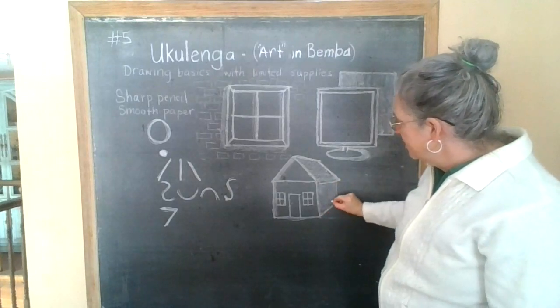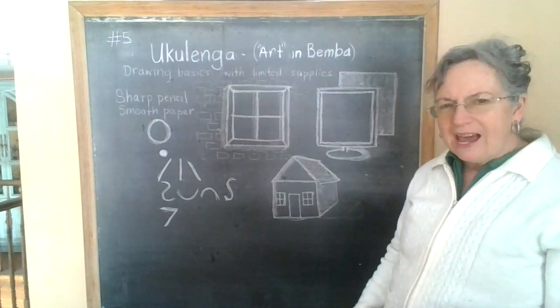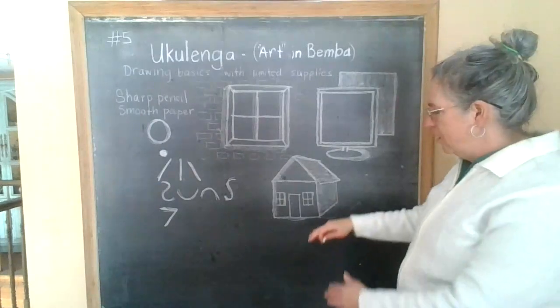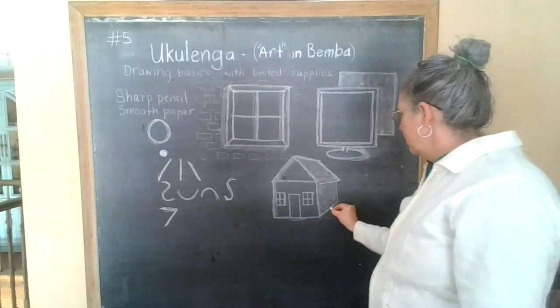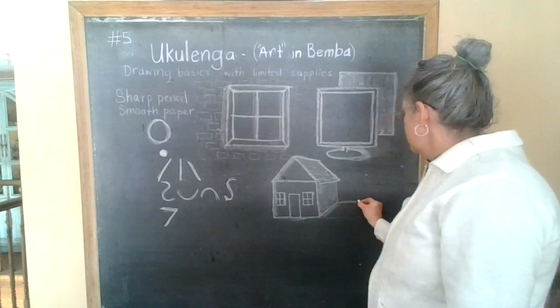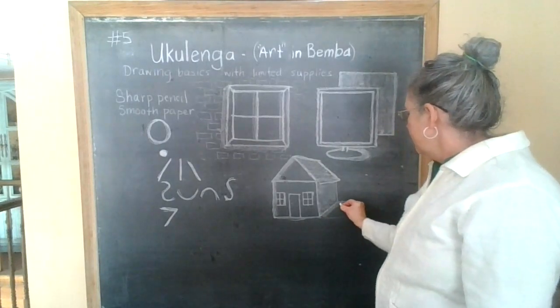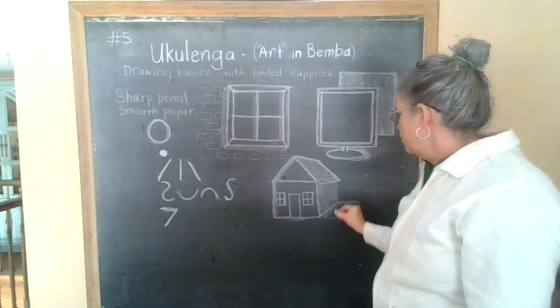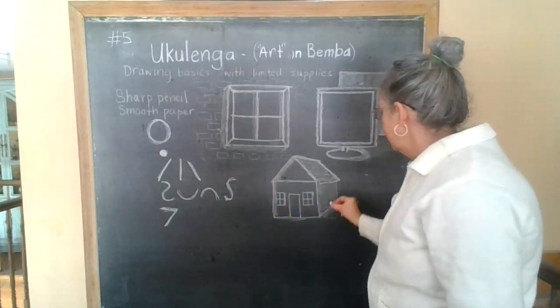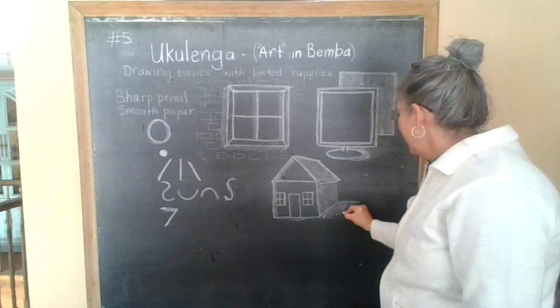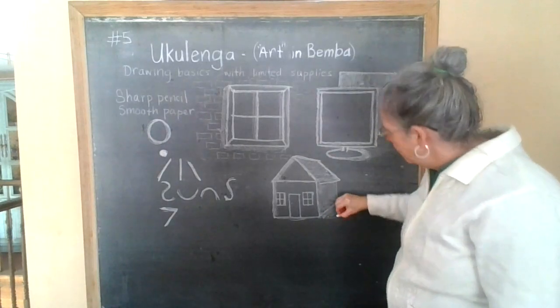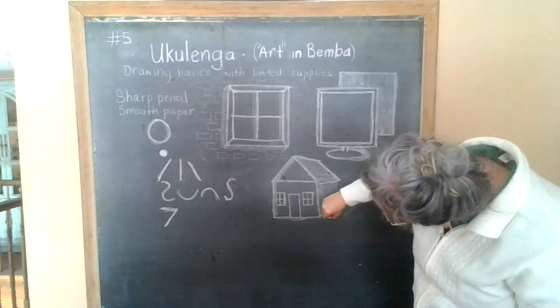Now that's just on the building. The cast shadow would be on the ground beside the building, and that cast shadow is going to be pretty much, if it's directly this way, the same size as your wall and the same angles that you see in your wall.